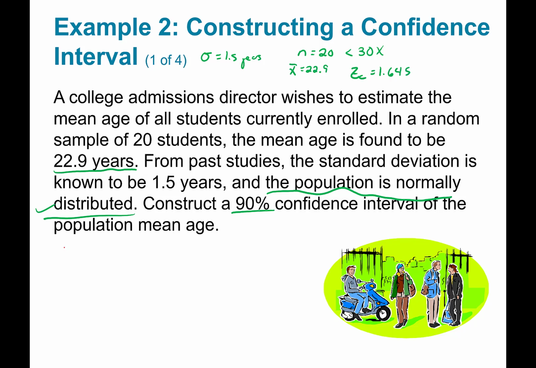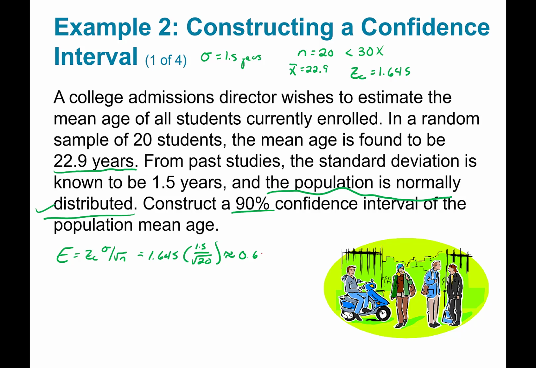So from here, calculate E. So E is equal to ZC times sigma over square root of n. So in this case, it's 1.645 times sigma of 1.5 divided by the square root of 20. And so we do that math, and we end up rounding this to one decimal place. We get E is about 0.6.